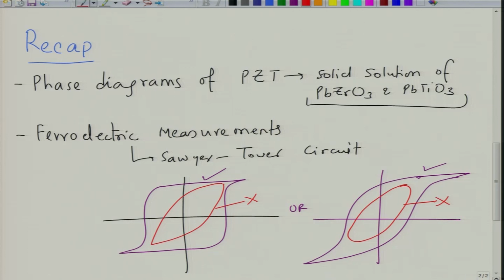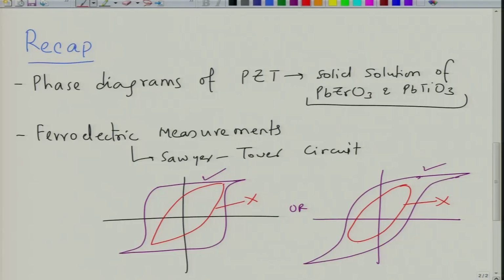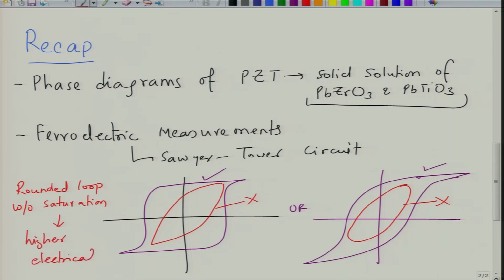So, when you get these bad ferroelectric loops, then you must make measurements at different temperatures to see what the intrinsic contribution is, because rounded loops without saturation generally have higher electrical leakage, which means the sample is of poor quality, it contains defects, it contains entities which give rise to high leakage.